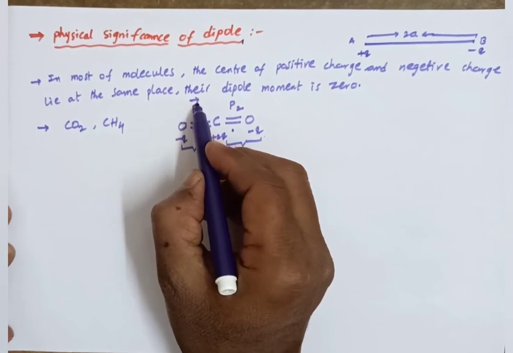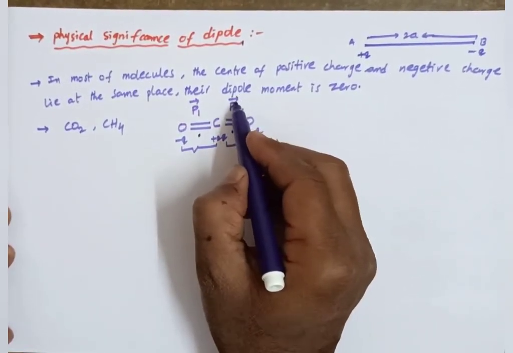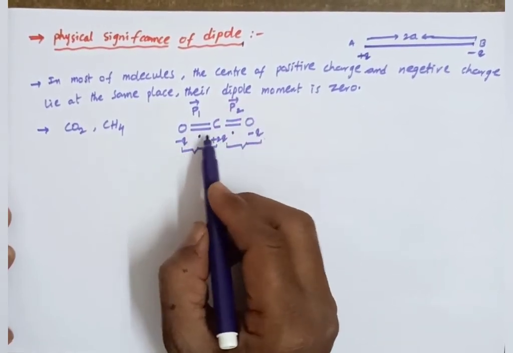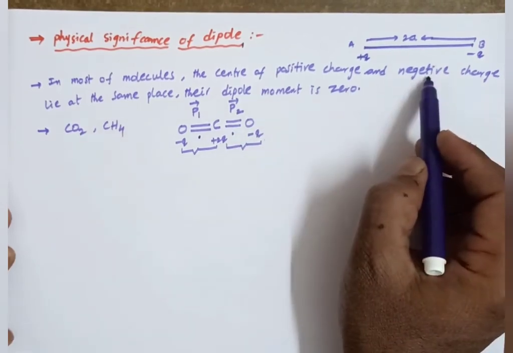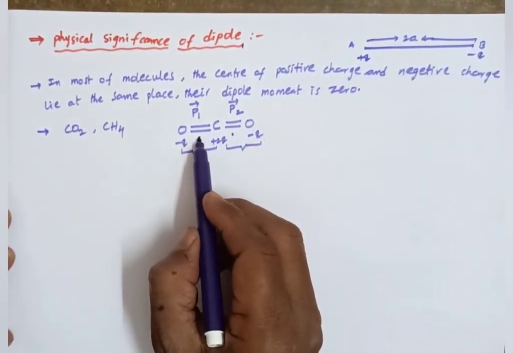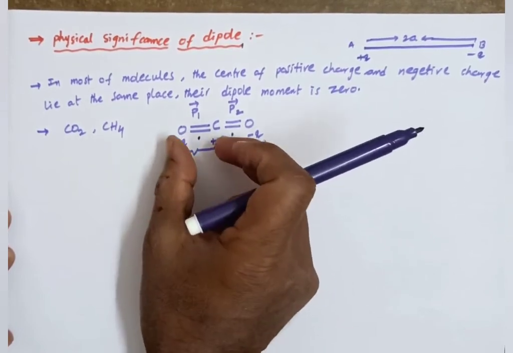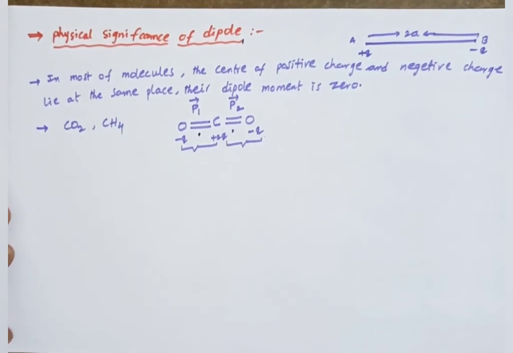P1 is a dipole moment and P2 is the other dipole moment. Both are equal distance here, and also equal distance here.